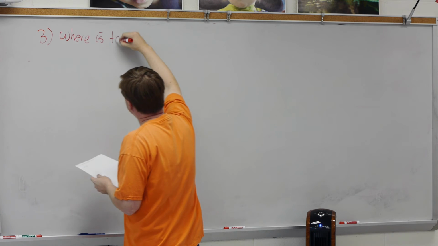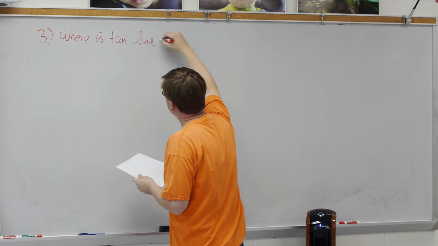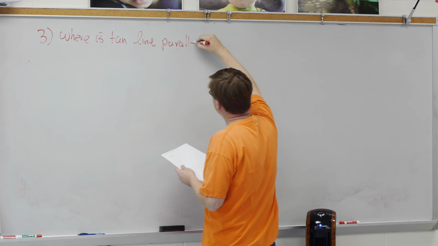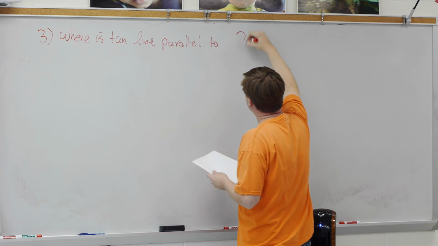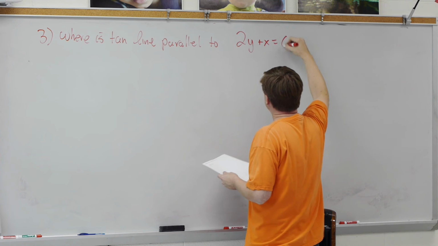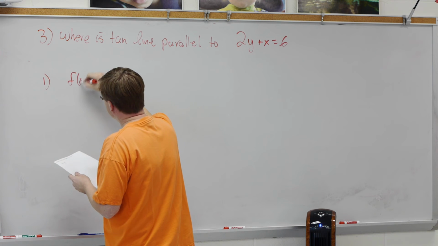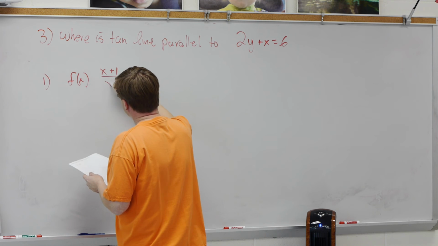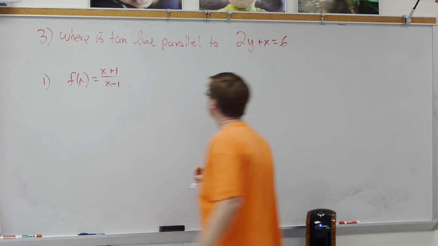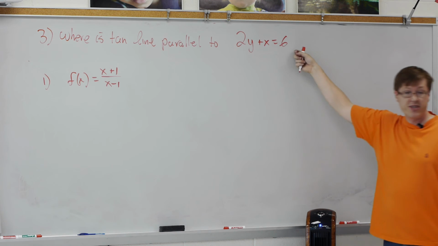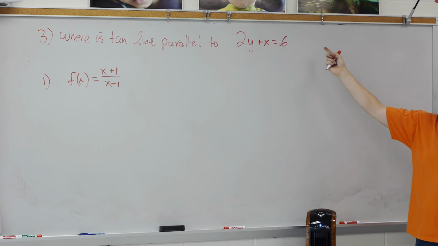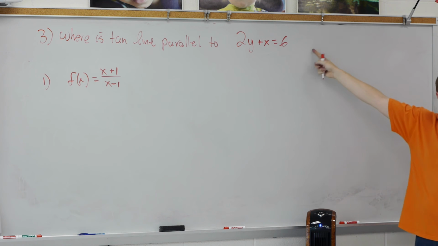So where is the tangent line of x plus 1 over x minus 1 parallel to 2y plus x equals 6? First thing I need to do is know what the slope of this line is.